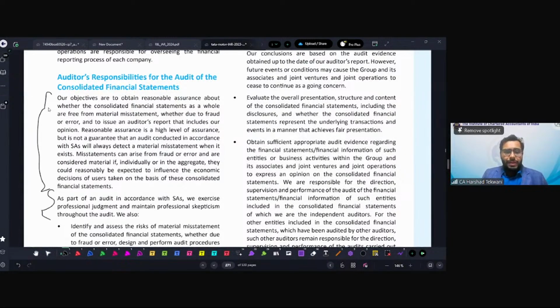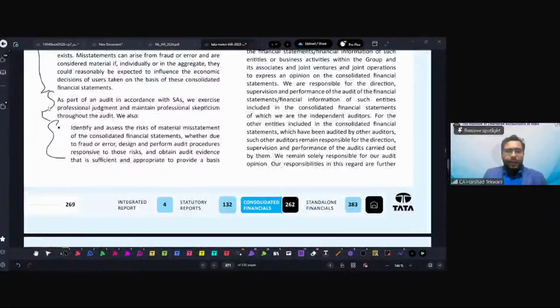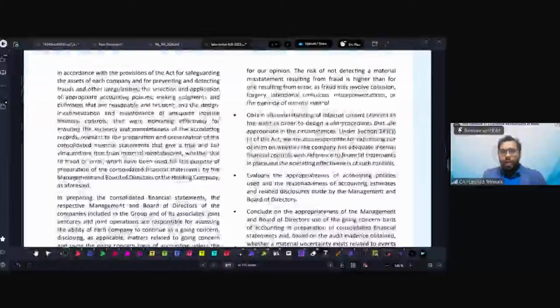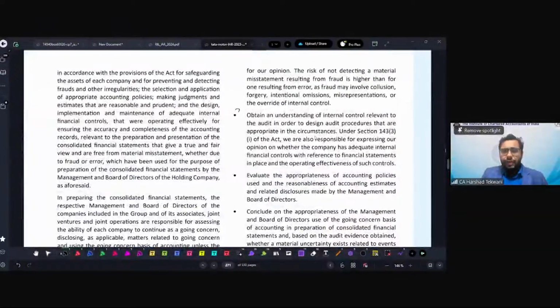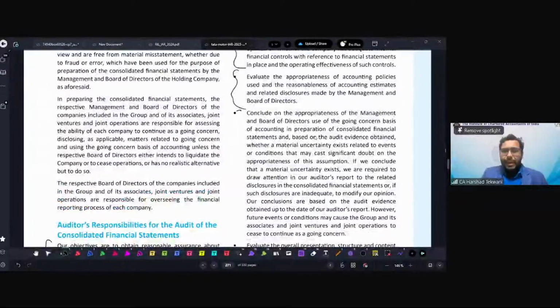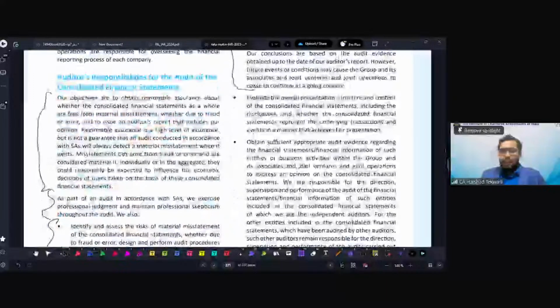This part is also similar. SA 315, again, similar risk assessment. Then you have an understanding of the section 143, similar. Accounting policy, similar.